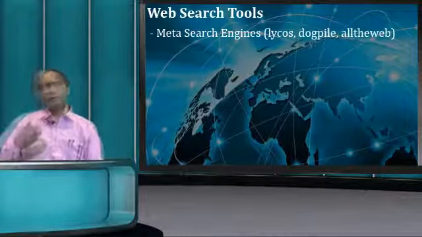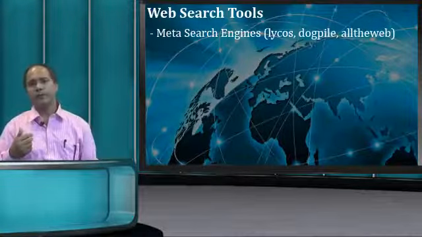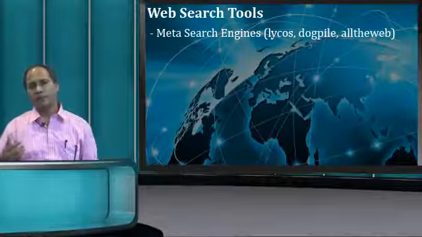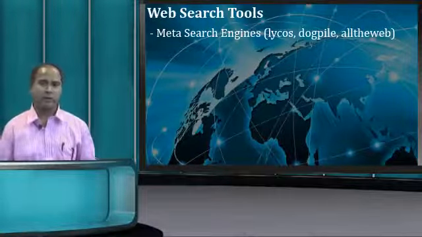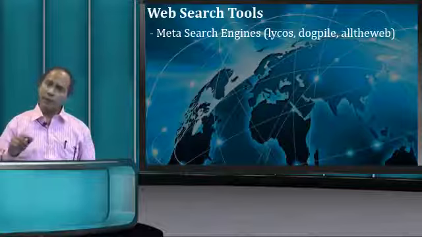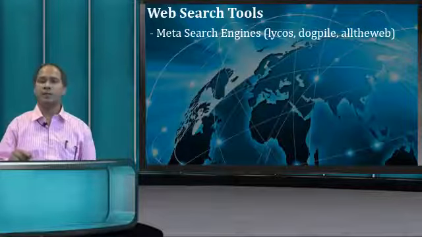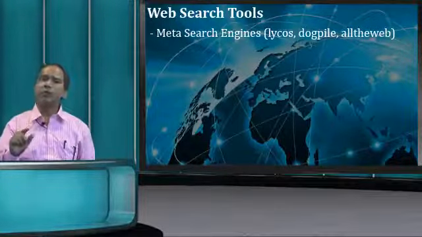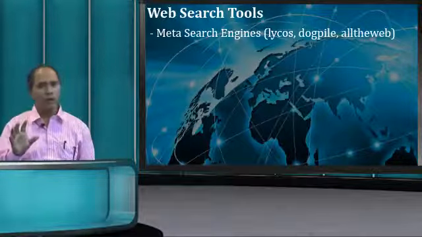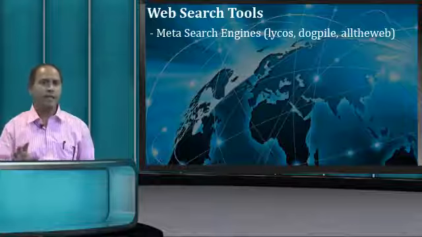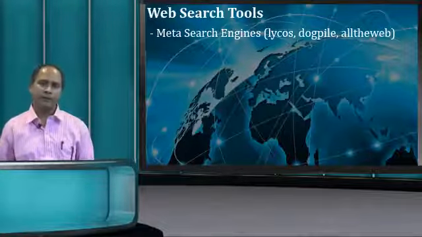And the search sequence should be like this: most of the cases people directly jump into the search engine, but that is not the right approach. You need to tell them, and you need to follow also for your personal searching, that first you need to know what are the subject directories available, because they will give you a small set of resources but highly relevant as per your query.